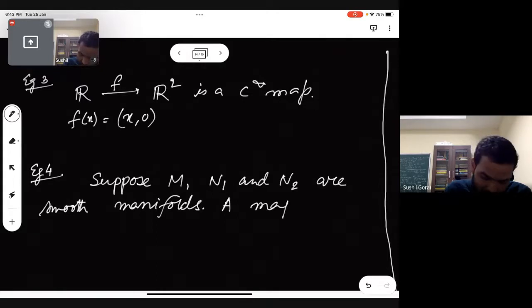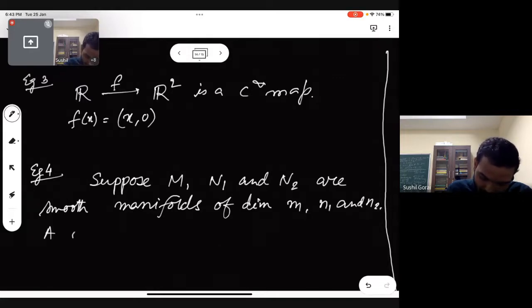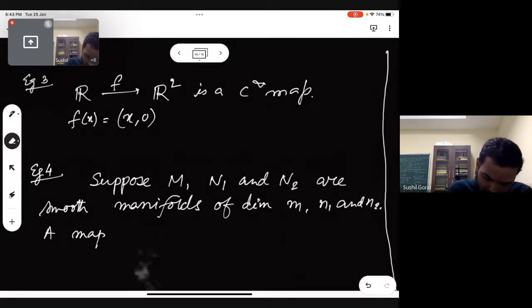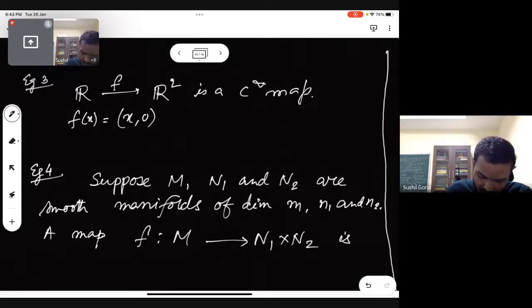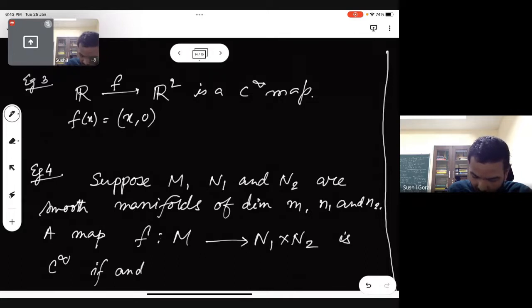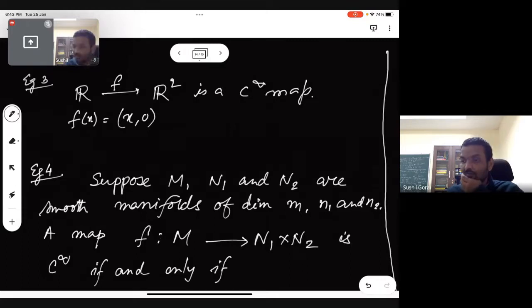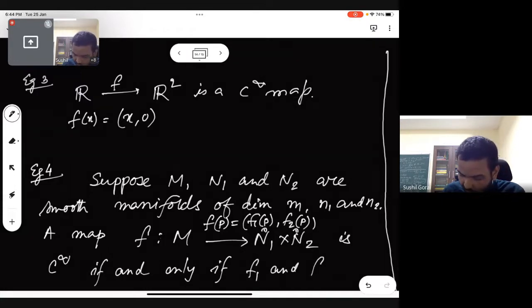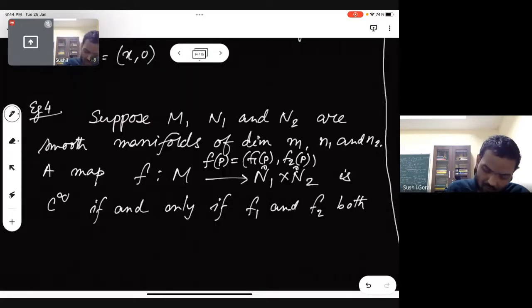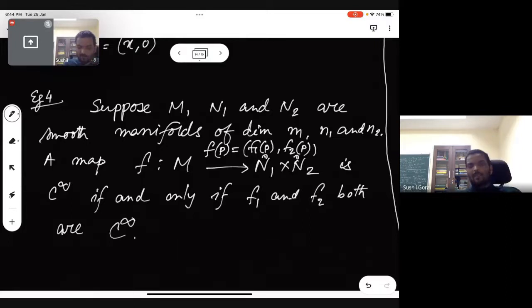A map F from M to N1 cross N2, with Fp being (F1 p, F2 p), F1 p lying in N1 and F2 p lying in N2, is C infinity if and only if F1 and F2 both are C infinity.